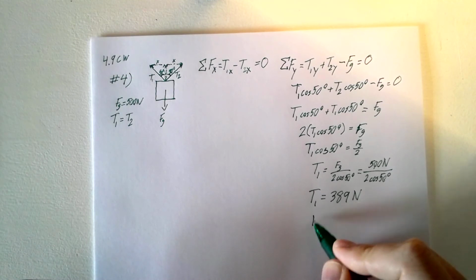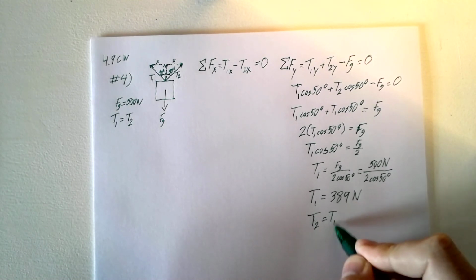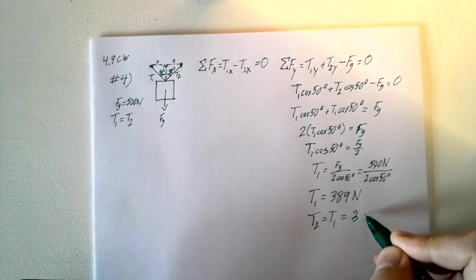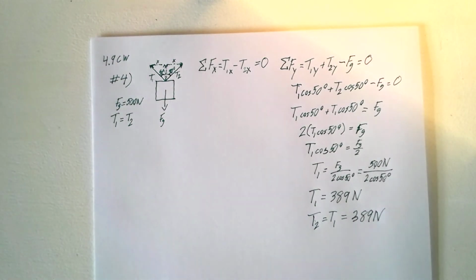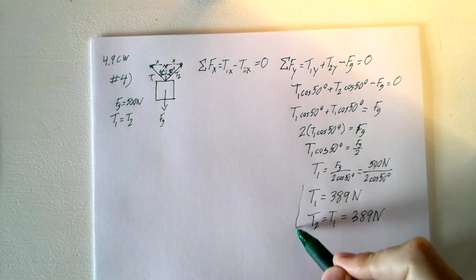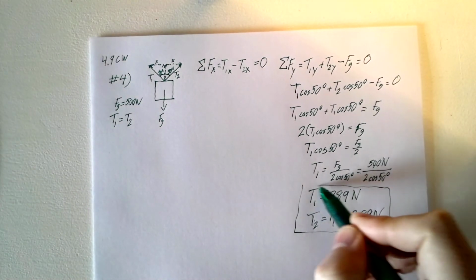And since we know T2 is equal to T1, we know that T2 is equal to 389 newtons as well. Okay, so there is our answer.